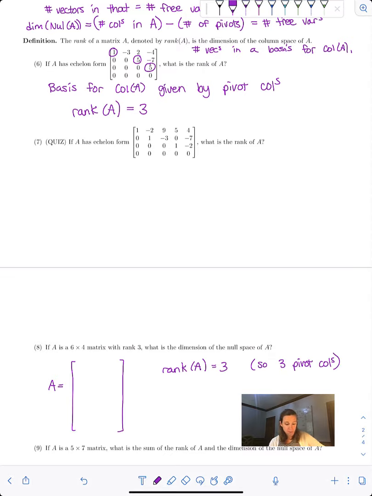Well, we have one more column remaining since we have 4 columns total. So we have 1 free variable. So the dimension of the null space of A in this particular case equals 1.